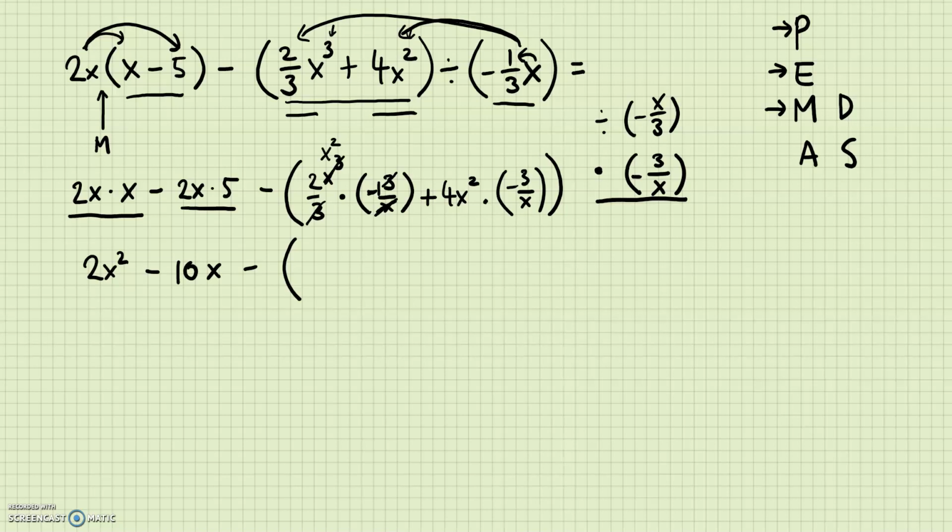There are 3 x's on top, 1 x on the bottom, so there are now 2 x's on top. So the negative 1 times 2 times x squared is going to be negative 2x squared, plus, again, the x is going to cancel with the x squared here, so there's x left. 4 times negative 3 is negative 12, then we have the x.